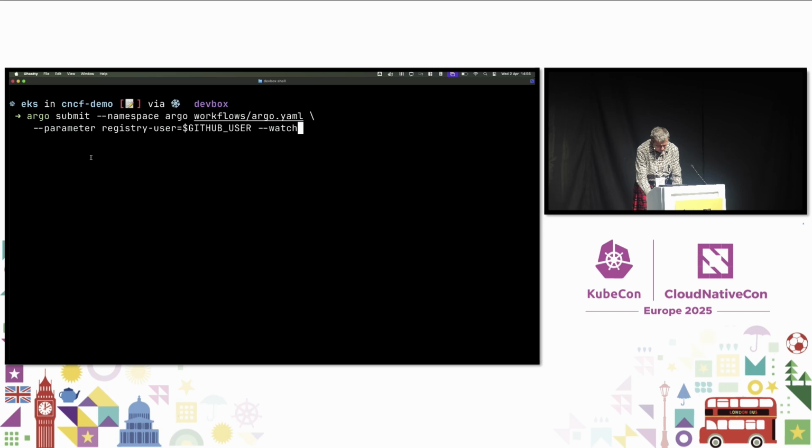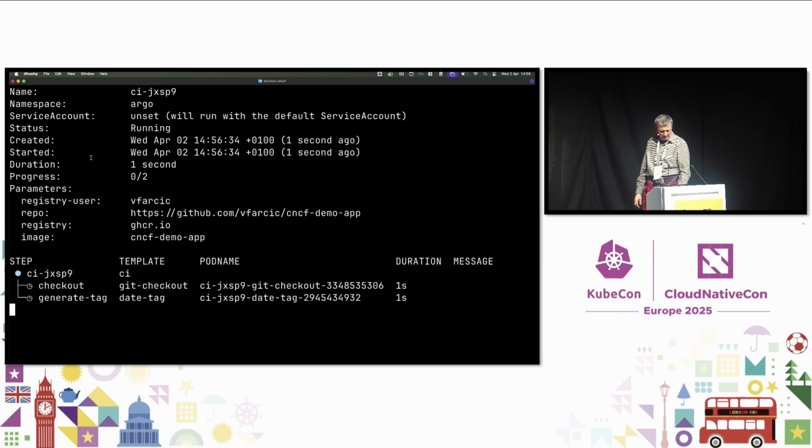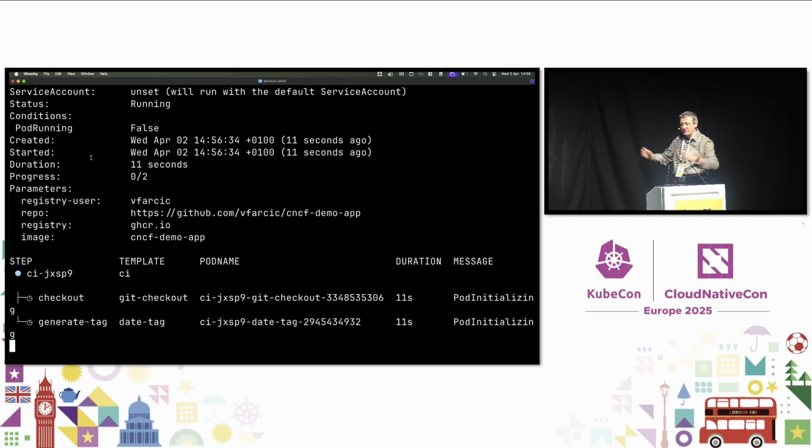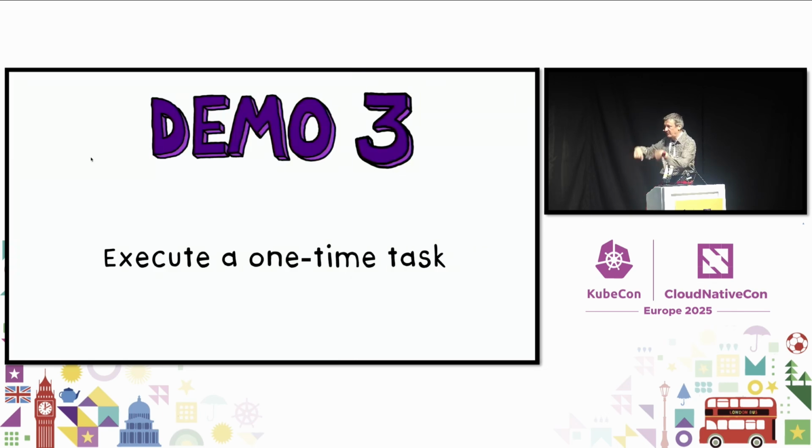And if I watch for changes, you will see now running all the tasks, checking out the code, generating the tag, building, pushing image, making changes to the Git repo with the manifest, letting Argo CD synchronize, run some tests, and so on and so forth. Now, this will take a couple of minutes, which we don't have, so I will let Whitney, while this is running in the background, go to the last one.